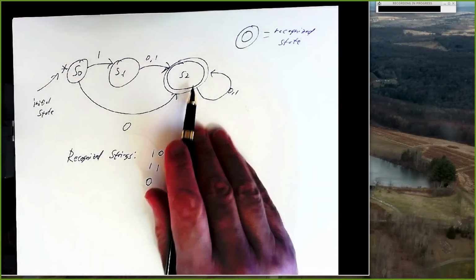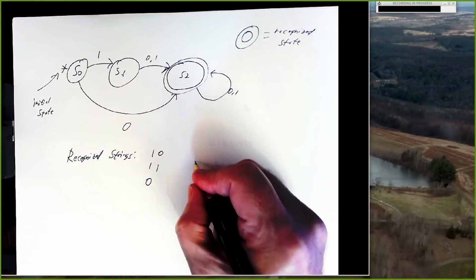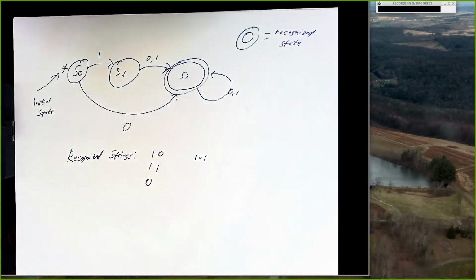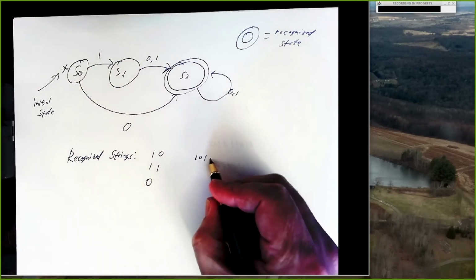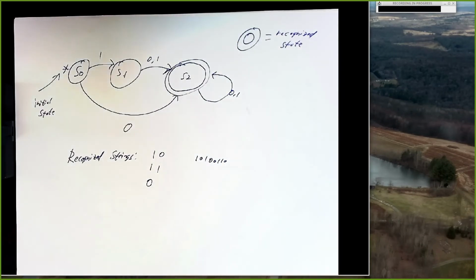Once we're in state 2, if we get a 0 or a 1, that's going to take us back to state 2. So for example, 1, 0, 1 would also be recognized. And in fact, 1, 0 followed by any pattern of 0s or 1s would still take us back to S2. It would still be a recognized state.